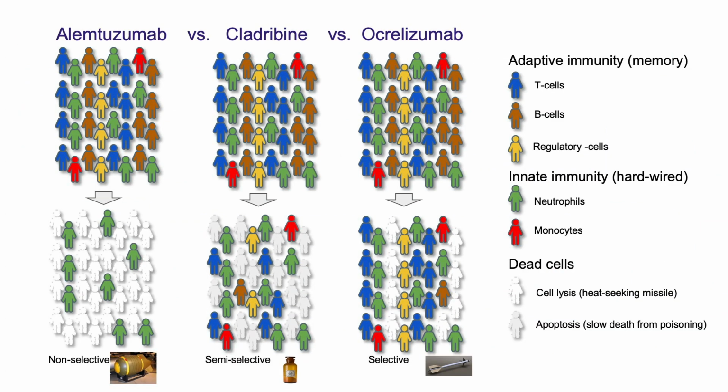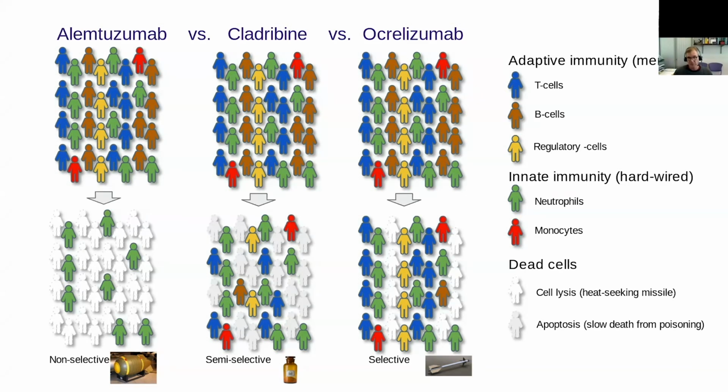So this tries to summarize the differences between the depleting agents. As you can see, alemtuzumab is like a non-selective depleter. It just leaves the neutrophil counts relatively intact. Cladribine is semi-selective in that it takes down mainly B cells and some of the T cells, whereas ocrelizumab is probably the most selective, really just taking down B cells mainly, and a small population of T cells.